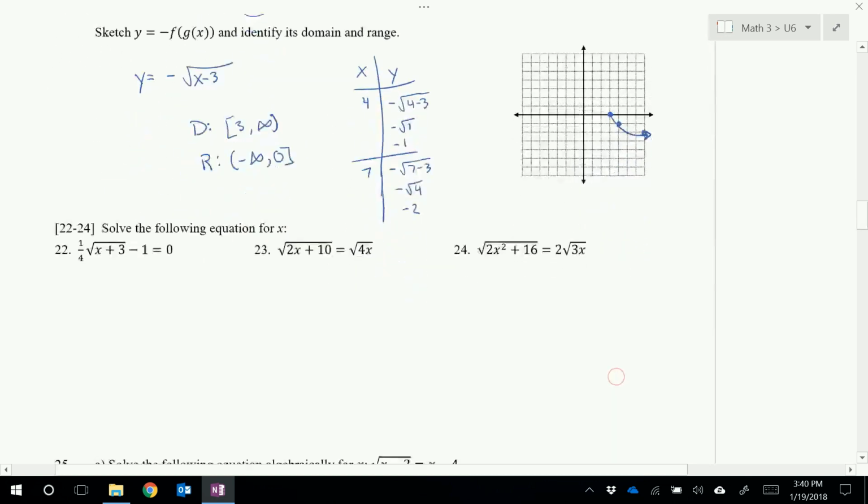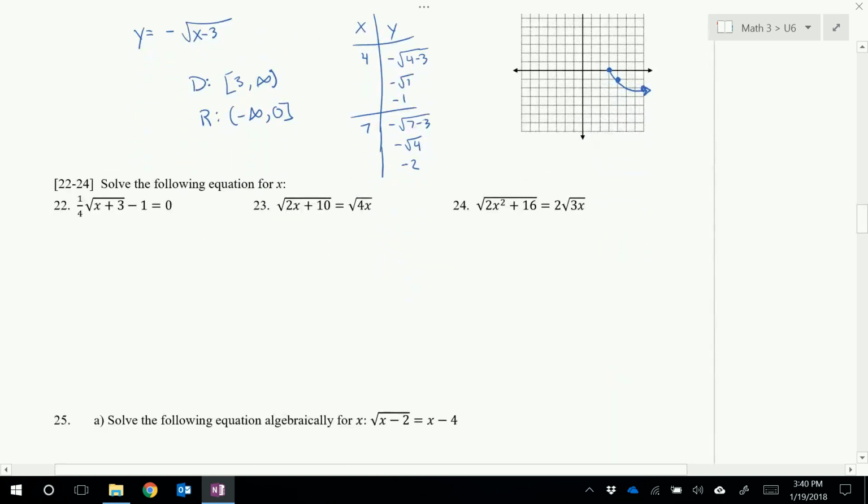Alright, 23. Solve the following equation for x. So here, first step, make sure you isolate one of the square roots. We did. Second, get rid of the square root by squaring both sides. When we do that, we get 2x plus 10 is 4x.